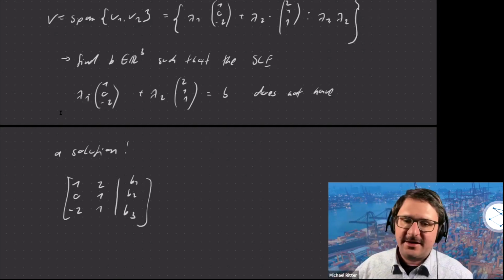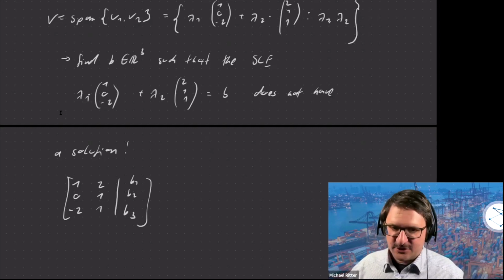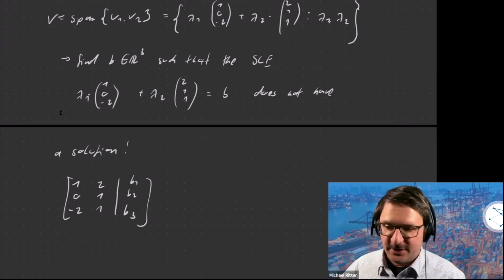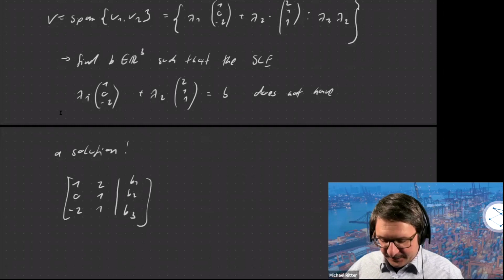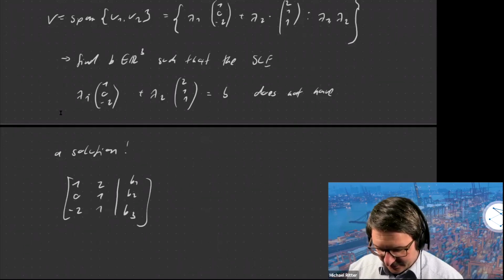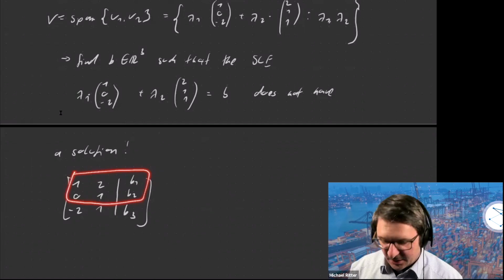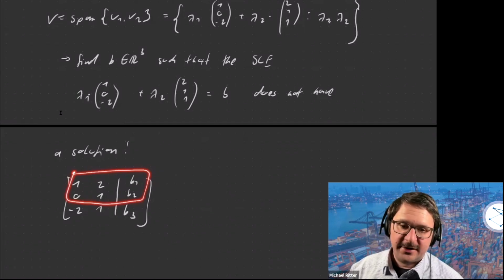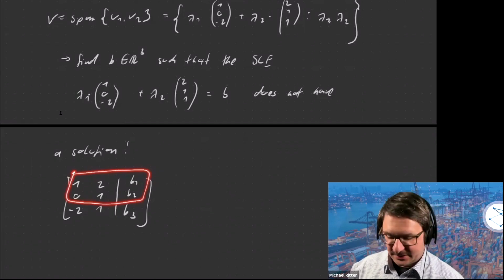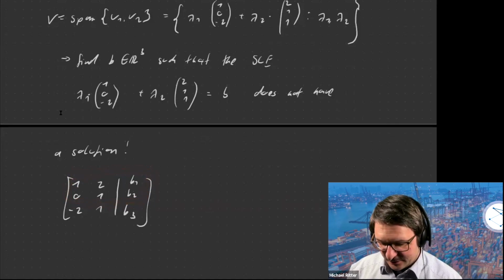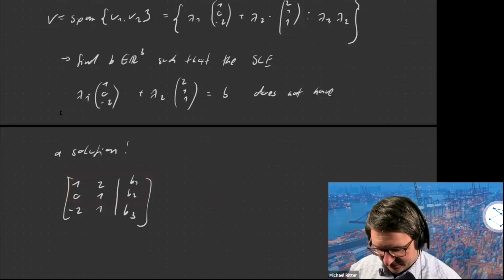Now, to make things a little easier, it's of course sufficient to prescribe one of those coordinates of B. We can just select the other ones. As you can see here already, the first two rows, together with those right-hand sides, are a system of two linear equations in two variables. Let's mark those actually.